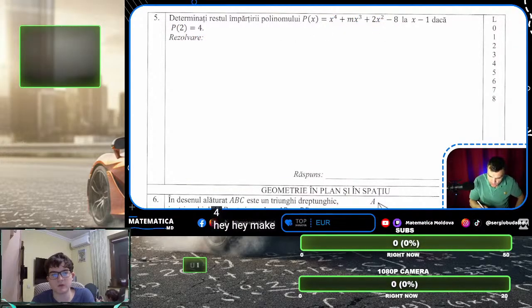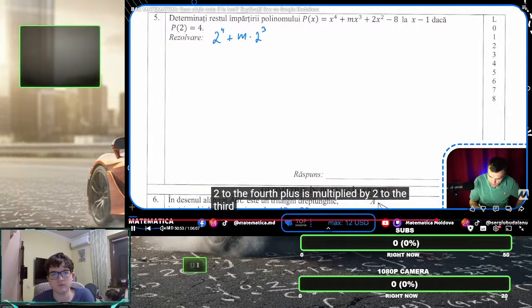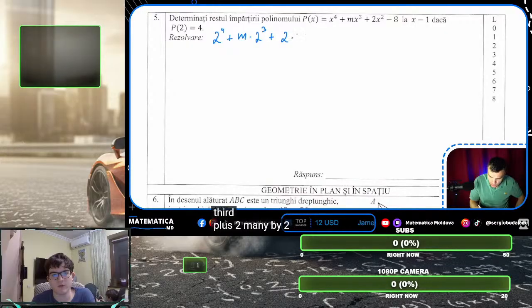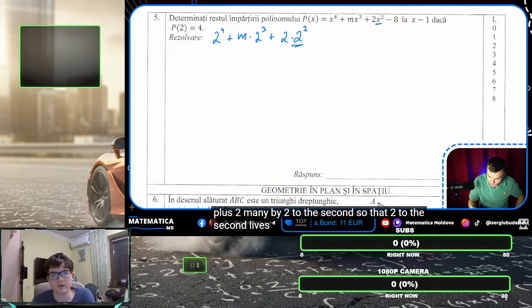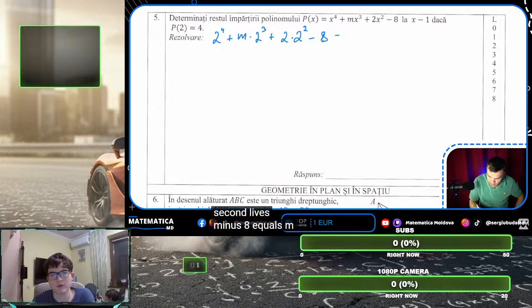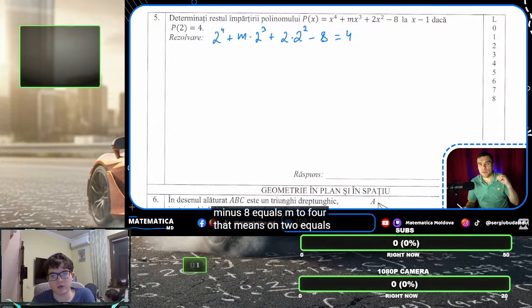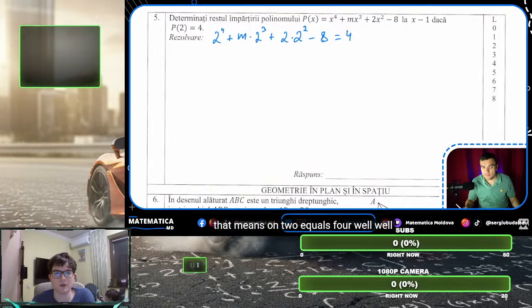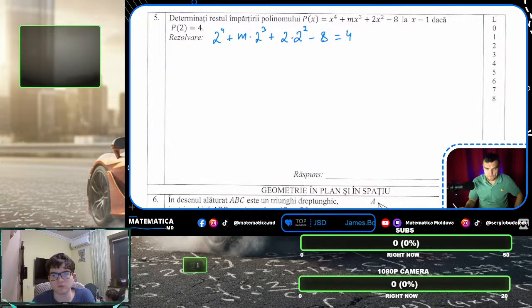So let's see it. 2 to the power 4 plus m times 2 to the power plus 2. So basically, like I said, we plug in the 2, like Top Gear once plugged in that bookhead in the Ferrari Enzo episode.